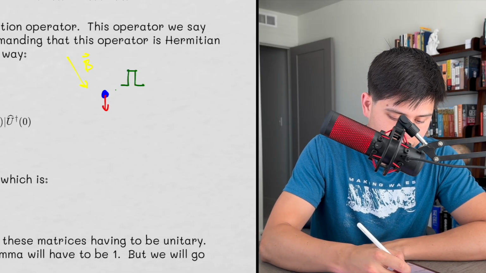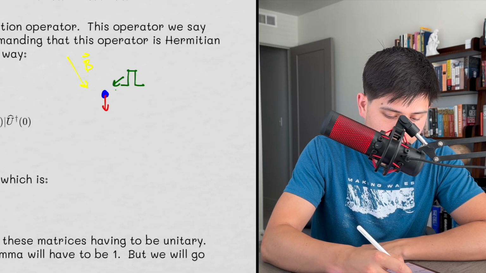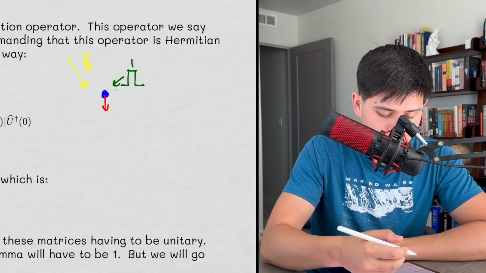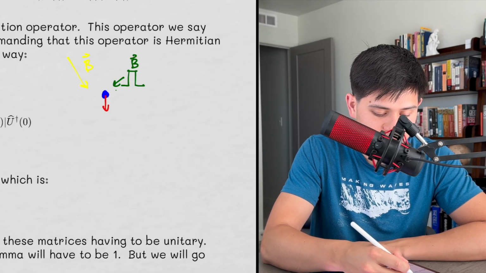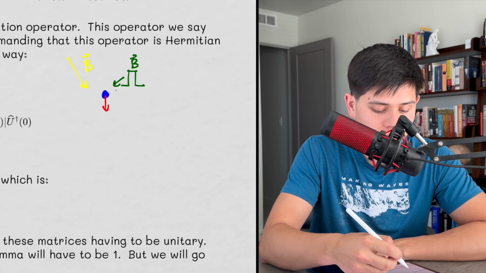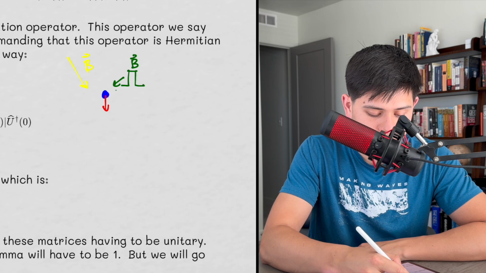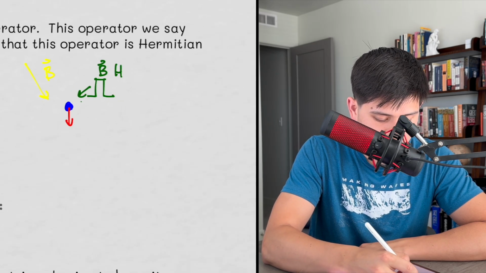A pulse is going to be applied to our system of some sort of another external magnetic field, B, or maybe something else like an electromagnetic field, H, for example.